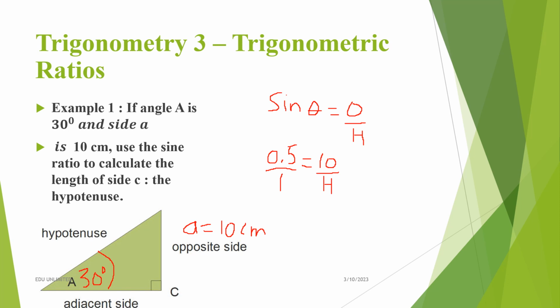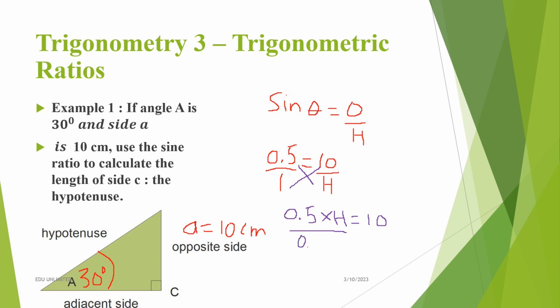And then let us pull a different color. We cross multiply. So that on this side we'll have 0.5 times h. On the other side, 10 times 1 will give us 10. But we want to find h, so we divide both sides by 0.5.